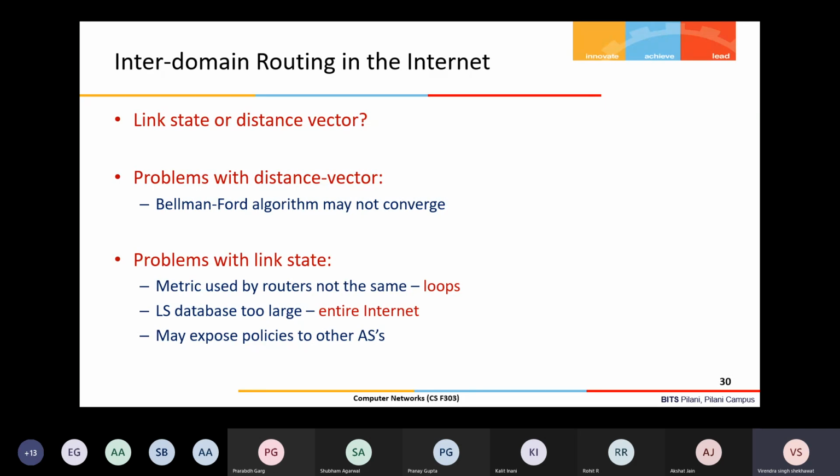Now the question is, if a traffic has to be forwarded from one autonomous system to another, and that autonomous system has multiple neighbors, connected with multiple autonomous systems, then where will it forward? The problem is the same as in intra-domain routing.